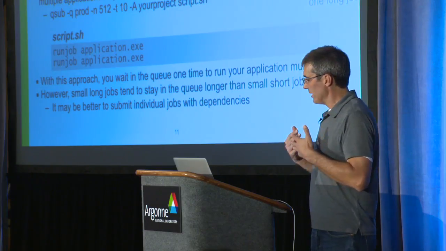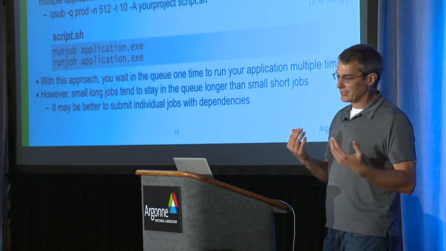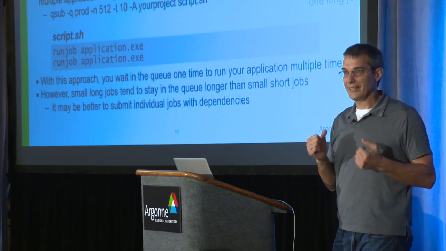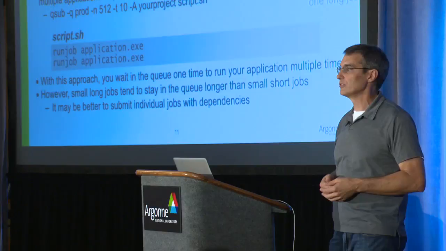This might be helpful to you. It also might not be helpful to you, because depending on the size of your job, extending the duration will not necessarily help you get through the scheduler faster. It may work in the opposite direction. It may be easier for you to manage, but it may extend your queue wait time, for example.